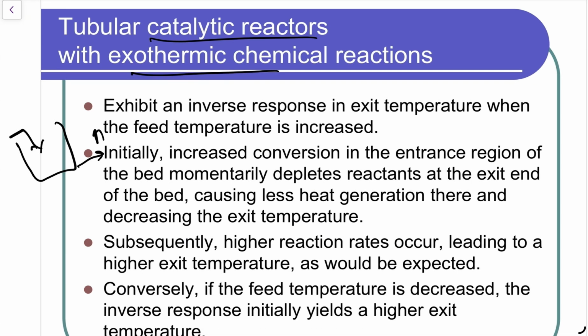But initially, higher conversion at the reactor entrance consumes reactants early, so fewer reactants reach the exit section. Because of that, less heat is generated first. So the exit temperature decreases first, later the overall reaction rate increases and the exit temperature also rises. This is called inverse response.